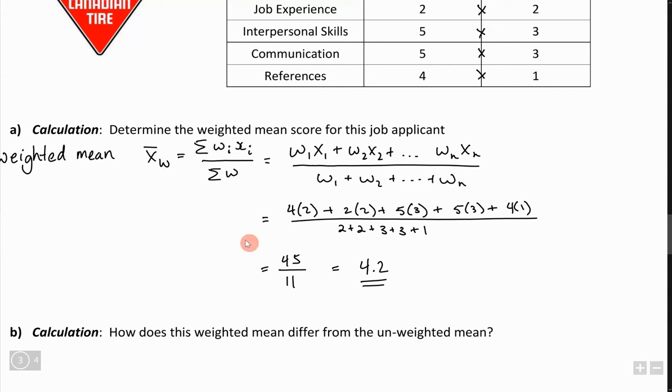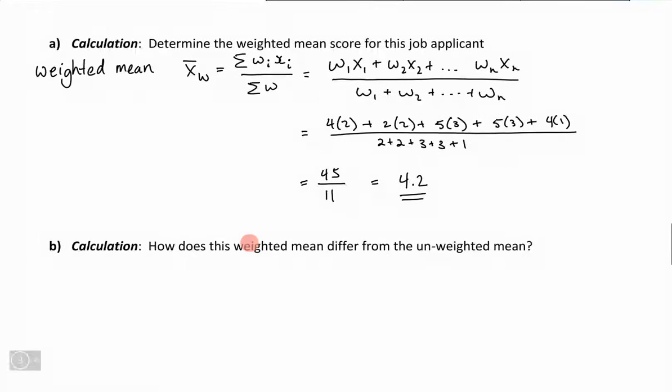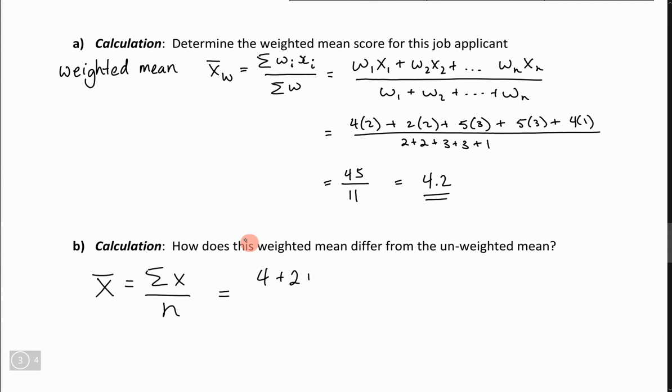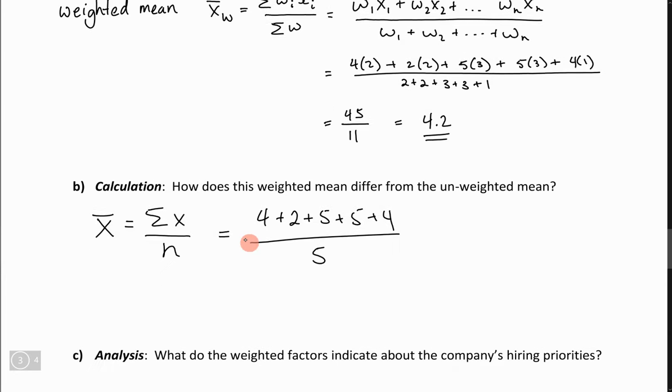So calculation, how does the weighted mean differ from the unweighted mean? If you didn't put any weights in your mean, then your mean value would look like this. It's the sum of all the scores divided by the number of scores. So my scores are 4 plus 2 plus 5 plus 5 plus 4 divided by the 5 scores that we have, and my mean would be 4.